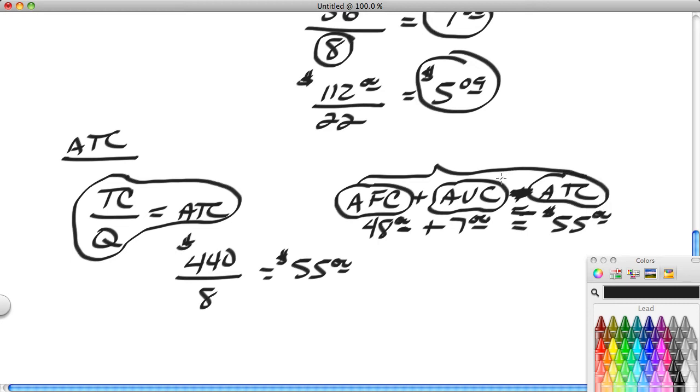So it's oftentimes wise to go at ATC directly, using one calculation, which we use here. Okay, let's go ahead and fill out our table. I want to actually put these in a table for you.